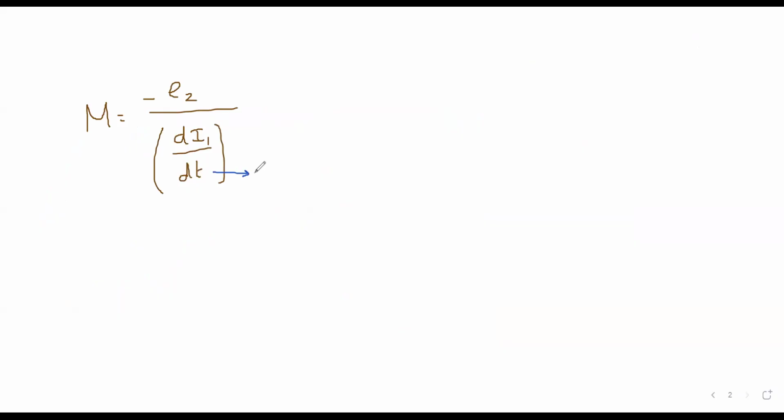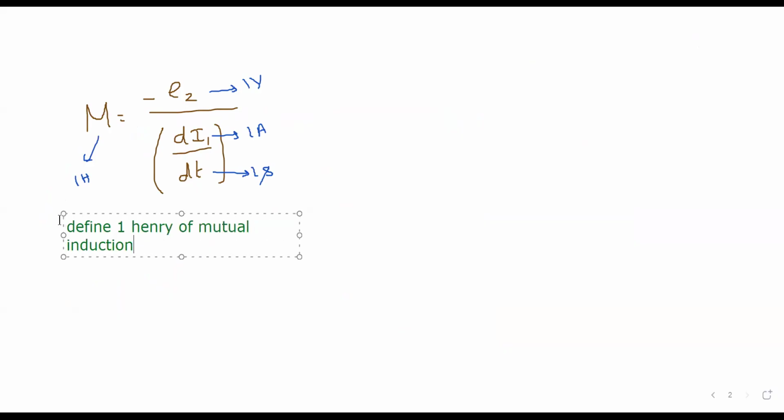Assume time is 1 second, I1 is 1 ampere, and E2 is 1 volt. Then what is 1 by 1 by 1? It is 1 Henry. The question is: define 1 Henry of mutual induction.